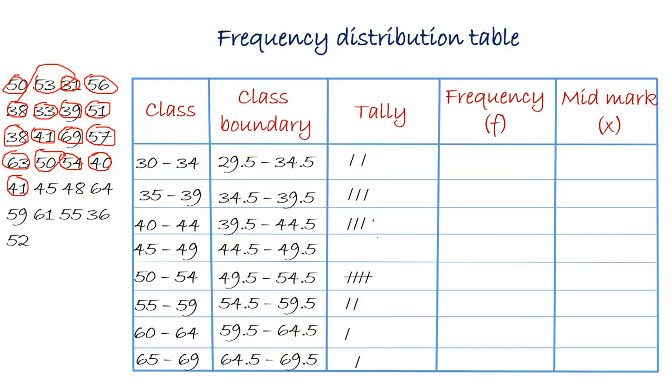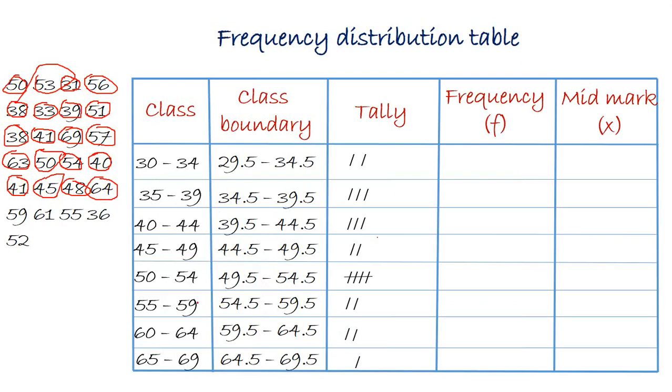The next is 45. 45 is in the class of 45 to 49. Then the next is 48. 48 is in the class of 45 to 49. Then the next is 64. 64 is in the class of 60 to 64 here.